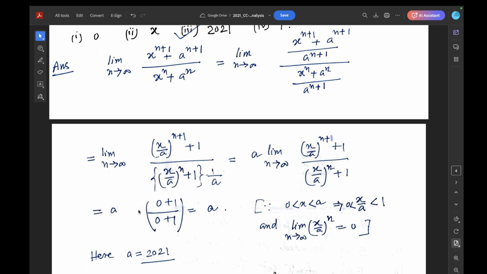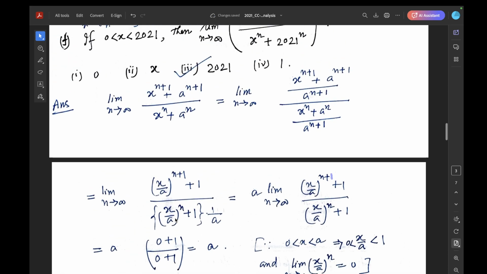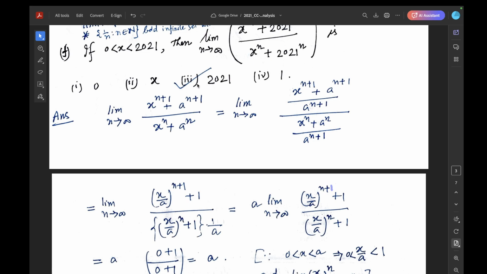So a times (0 + 1)/(0 + 1) equals a, because x/a is less than 1, so (x/a)^(n+1) tends to 0 as n tends to infinity. Hence the correct answer is a, which is 2021, and so the correct option is 3, 2021.